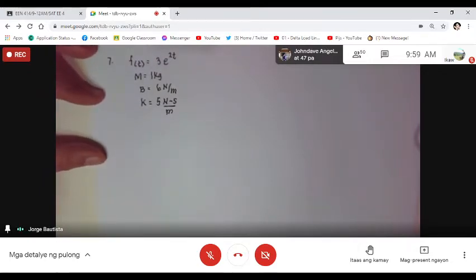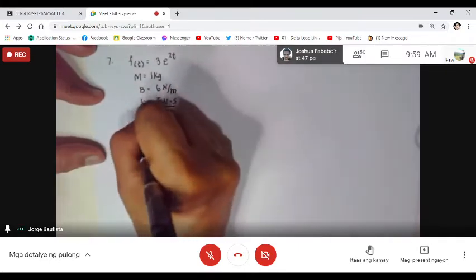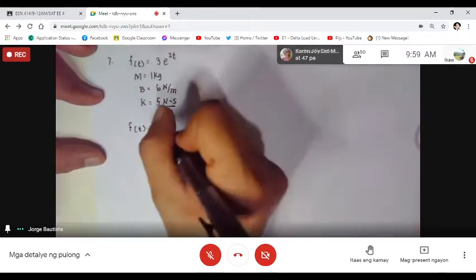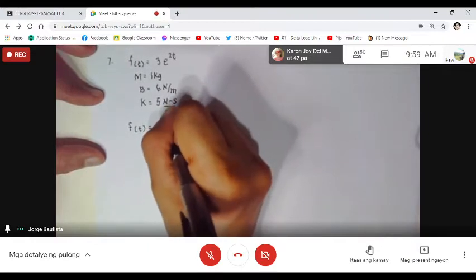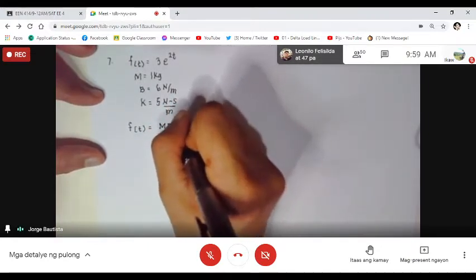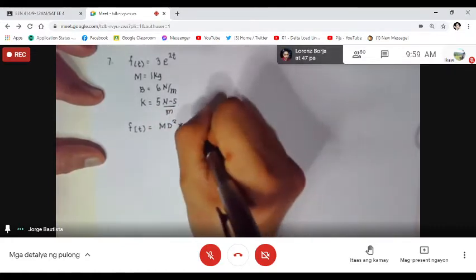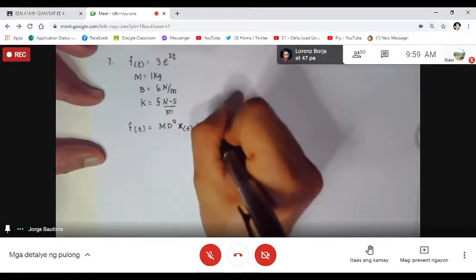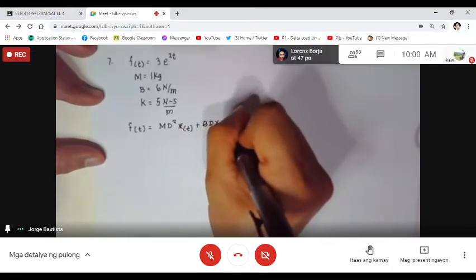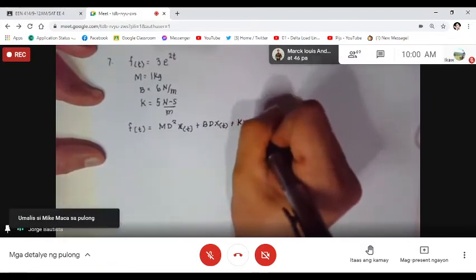Okay, so alam natin na that is F, no? F of T is equivalent to T squared plus MD squared X sub T, lagyan natin, plus BD X sub T plus K X sub T. Diba?